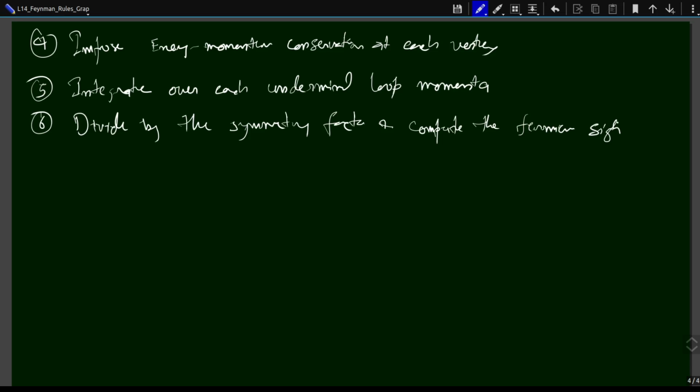So the fermionic sign of the diagram needs to be computed, after all the switchings, so that we put our propagators in the right order, whatever overall sign it is. Perhaps I should say compute the overall fermionic sign. This is your rule number 6, and you're done.